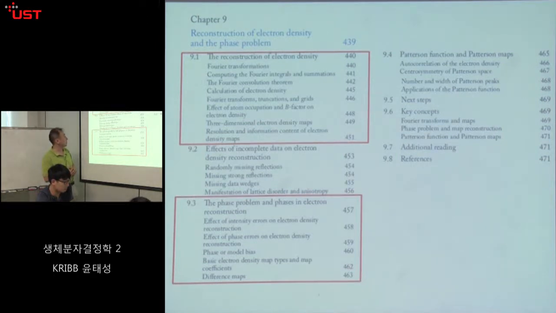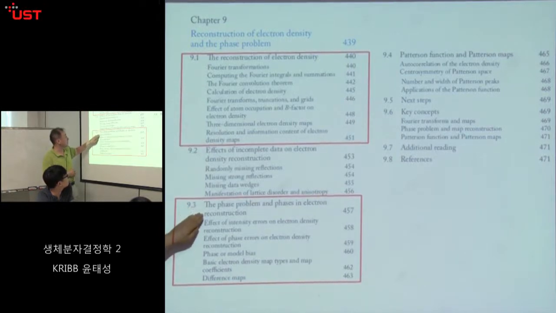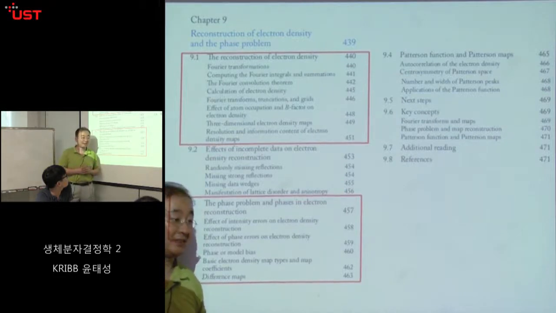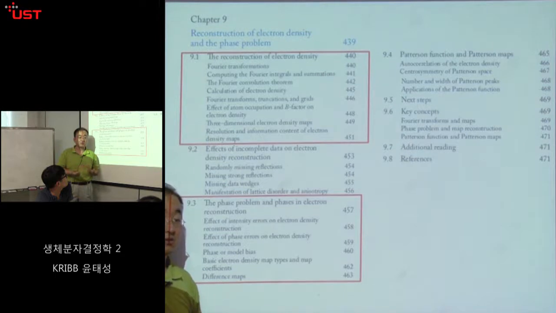And as a conclusion, the phase problem and phases in electron density reconstruction. But what is phase? P-H-A-S-E. Angle. Phase can be connected with angle, but phase itself is not an angle. So to be accurate, we are talking about phase angle, like the phase problem. Phase has something to do with interference.